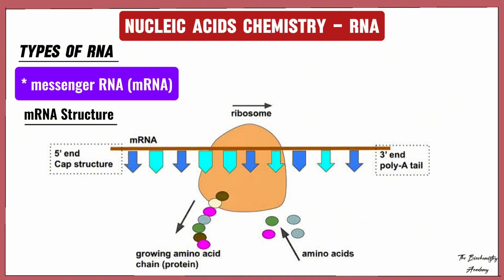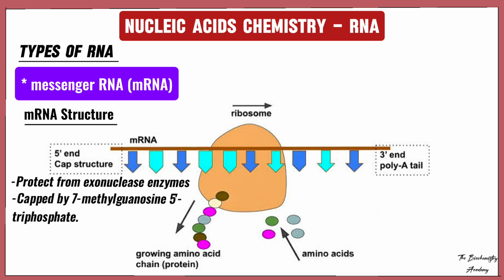So let's understand the structure of mRNA. We can see there is a cap here and there is a tail here, and we see that it runs in a 5' to 3' direction. Now the cap here protects the mRNA from various exonuclease enzymes, and it is capped with the help of 7-methylguanosine triphosphate.